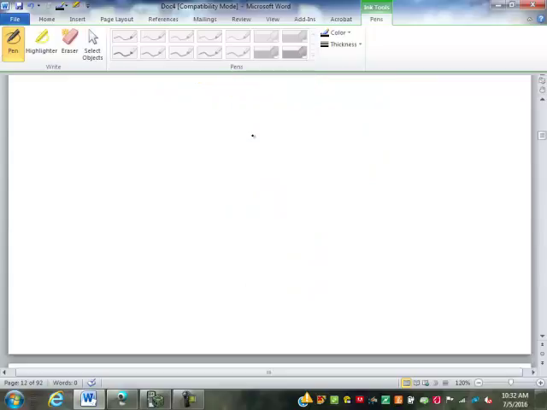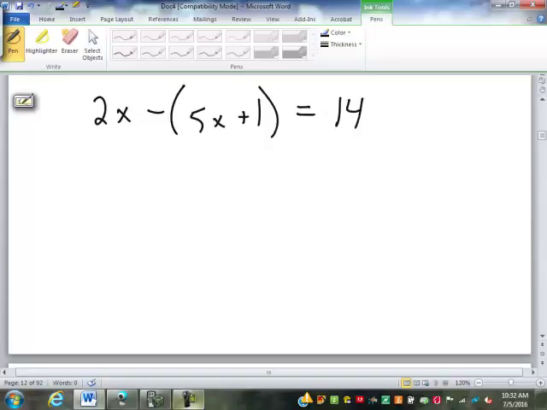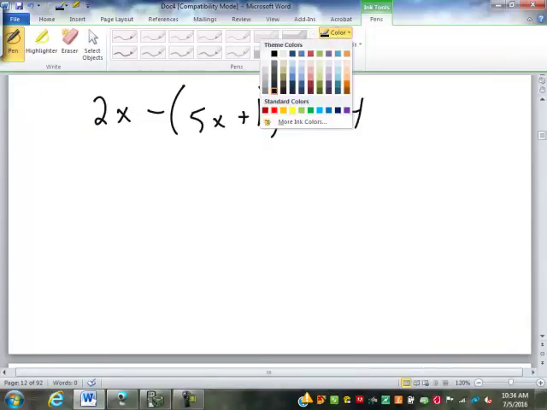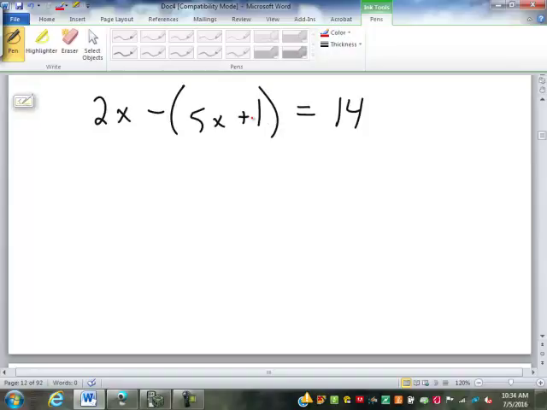I want you to try this one. See if you remember this. Where do we start this one? There's a little quirk to this one. Can anybody tell me what it is? It's the minus, the negative in front of the parentheses.